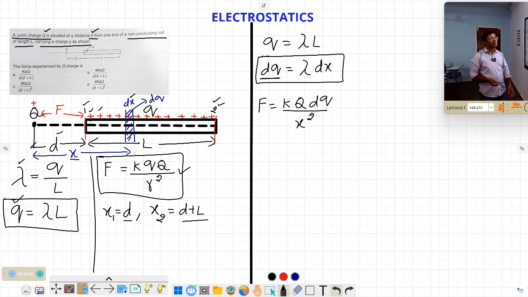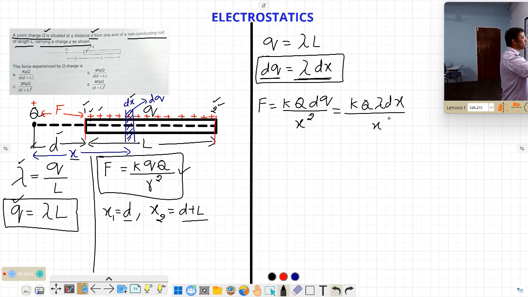Now apply the equation we derived, k into capital Q into dq, where dq is equal to lambda into dx, by x squared. Now we have to integrate this. dq means a small charge, and a small charge means a small force, that is df.